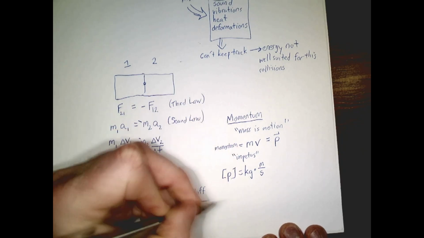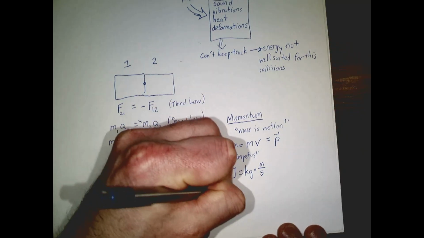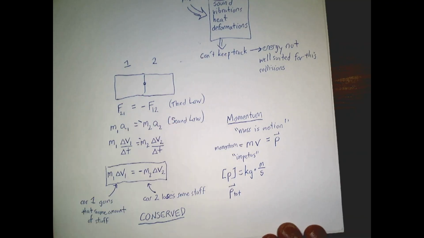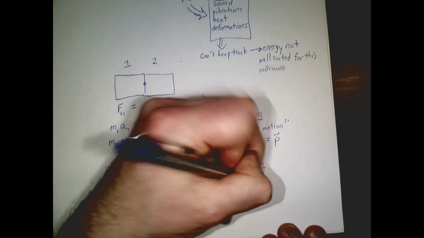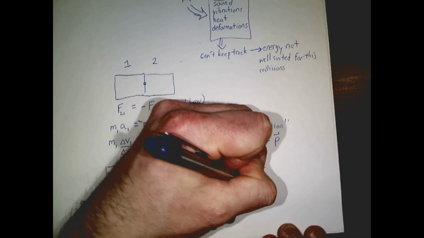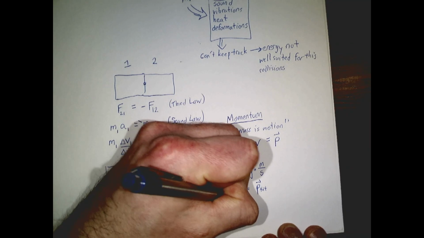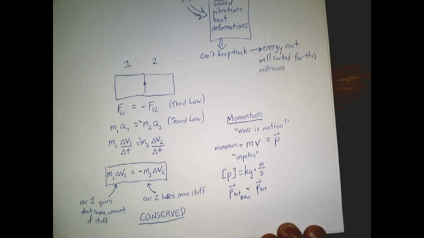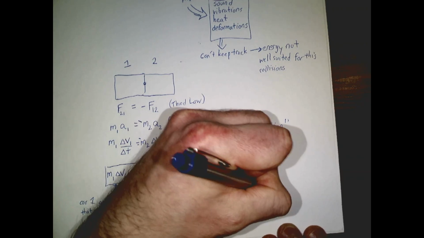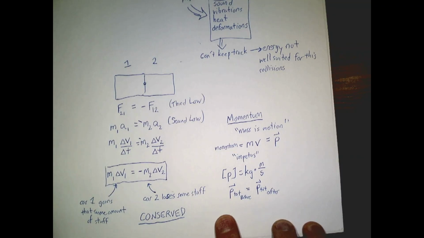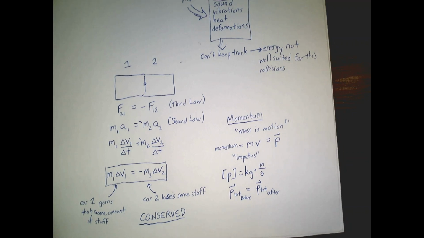So the idea is if momentum is conserved, the total amount of momentum our system has before is equal to the total amount after. You figure out how fast your cars are going before and what their masses are. You think about how fast they're going after, and whatever happens before has to equal whatever happens after. We'll show you how to set that up next time.